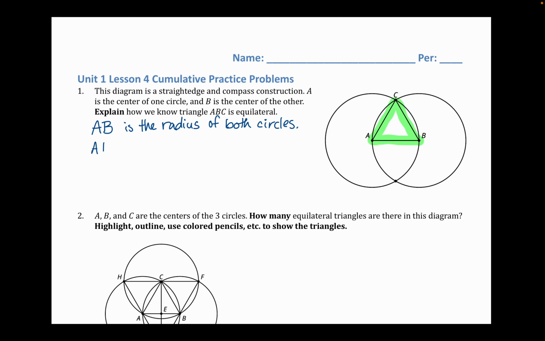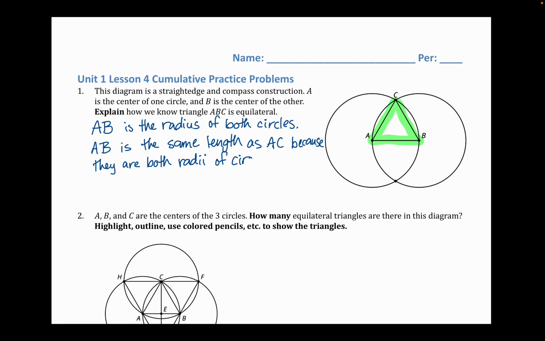So AB is the same length as AC because they are both radii of circle A.